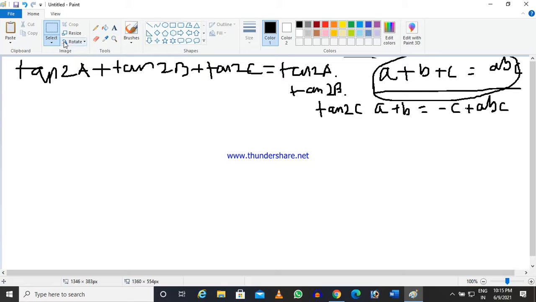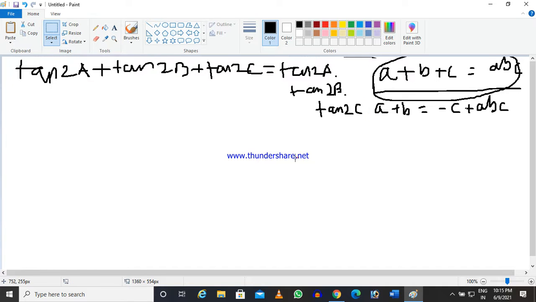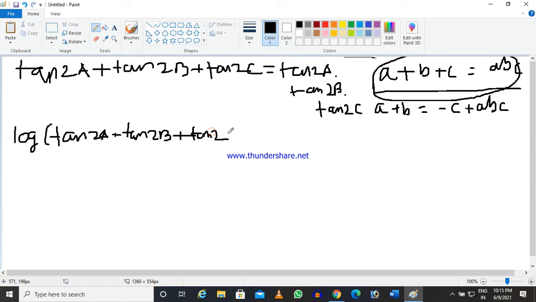Now we can conclude from this, as the right hand side is a product, if I take log on both sides, log of tan 2a plus tan 2b plus tan 2c is equal to what we learned at first.